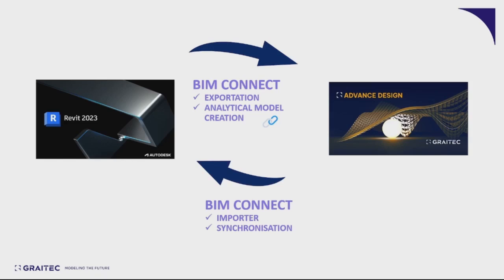This is the basic concept. This is a summary of what I'm going to show you today. And this is basically the whole concept of the synchronization between Revit and Advanced Design.